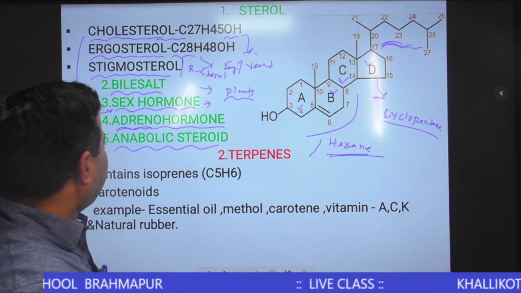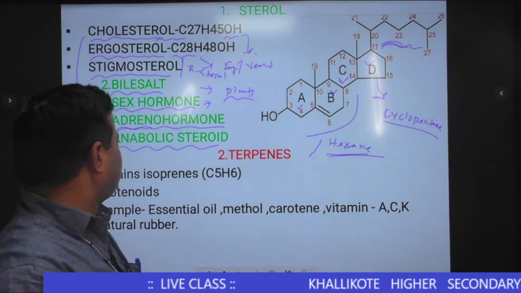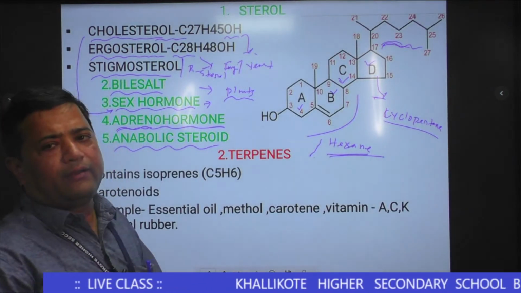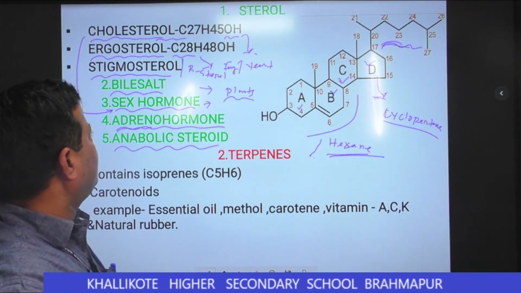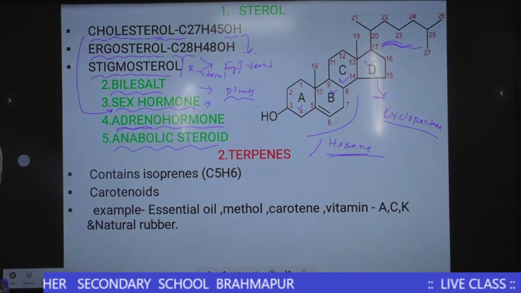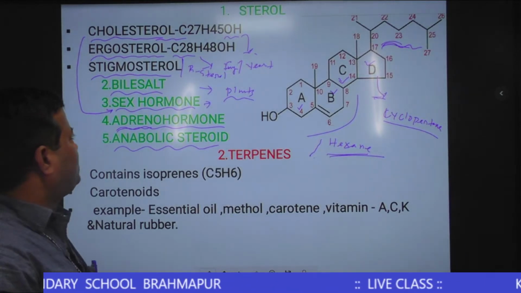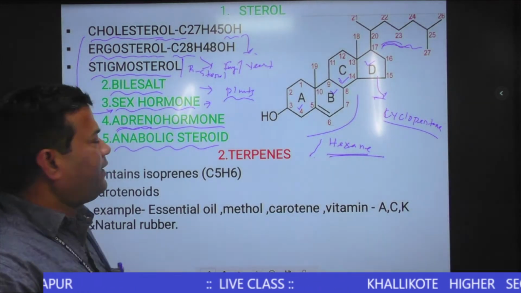But they also have harmful effects: if we continuously use these steroids, they will have many disadvantages and harmful effects on our body. So these are the different types of steroids found in different organisms like plants, animals, and also in different glands.